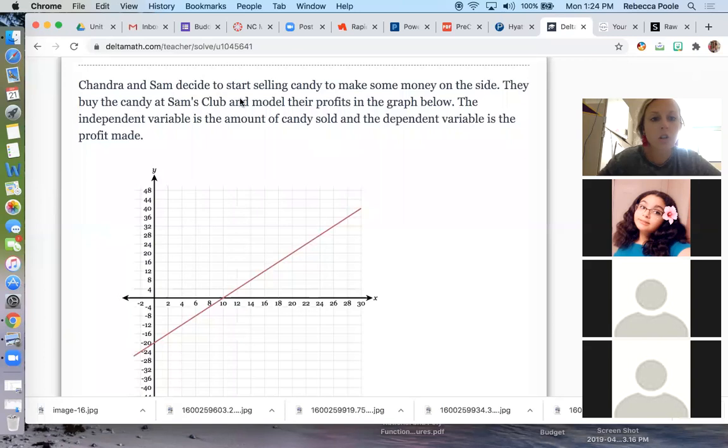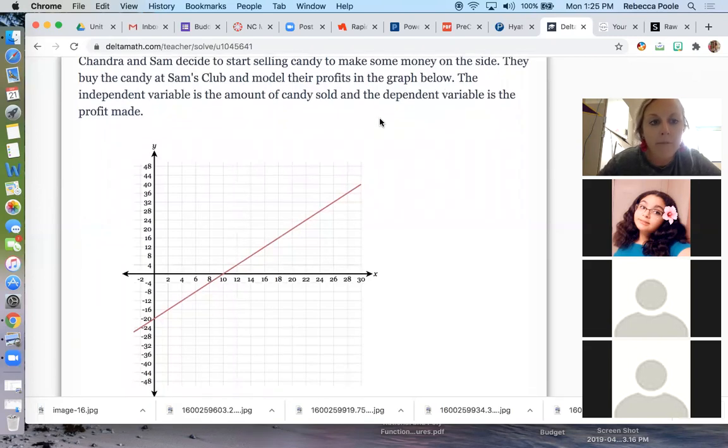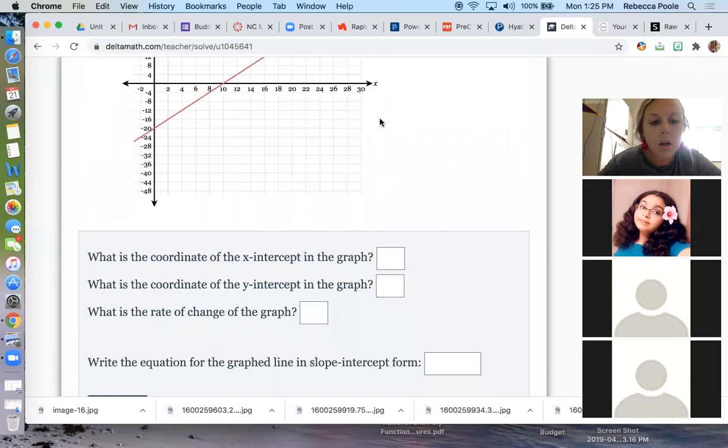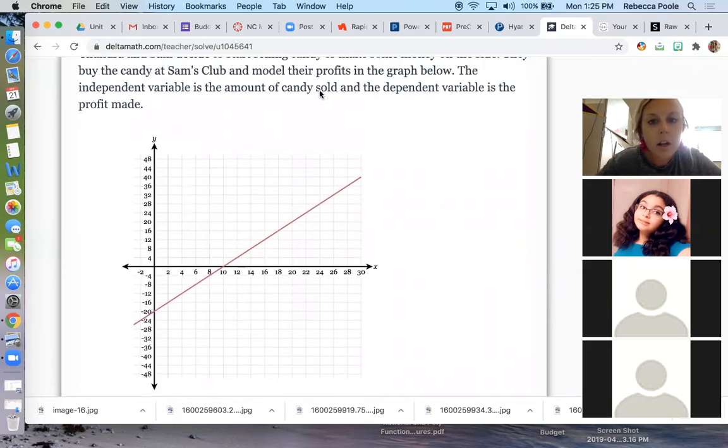All right, Chandra and Sam decide to start selling candy to make some money on the side. They buy the candy at Sam's Club and model their profits in the graph below. So we're looking at this graph, and it says the independent variable is the candy. Do you guys remember what letter I told you is always independent?